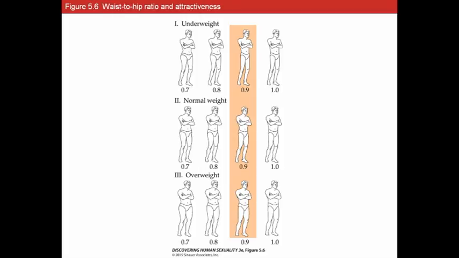We can see in this diagram depicting males, we can look at underweight, normal weight, and overweight men, and you can still get a hip-to-waist ratio of about 0.9 in all circumstances. So while there's some relationship between hip-to-waist ratio and body mass index, it's not a perfect relationship.